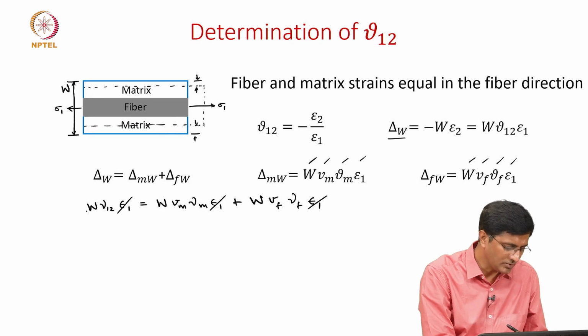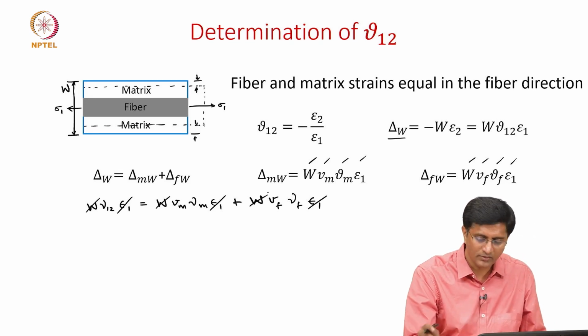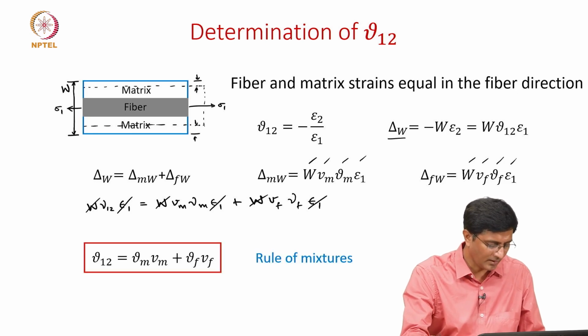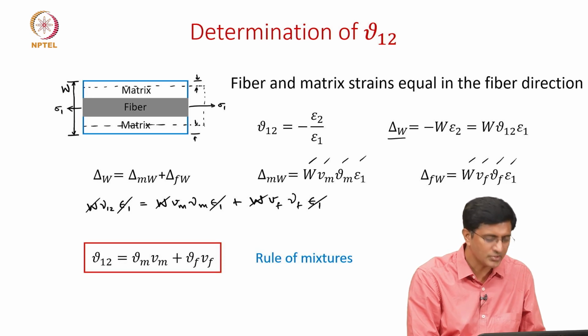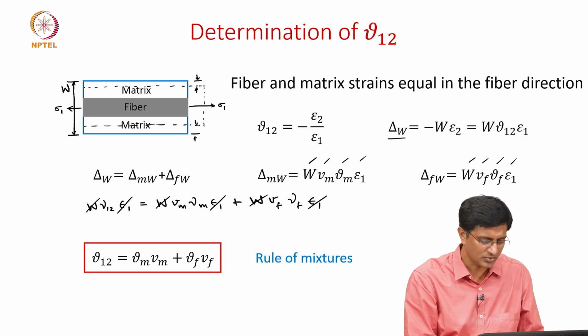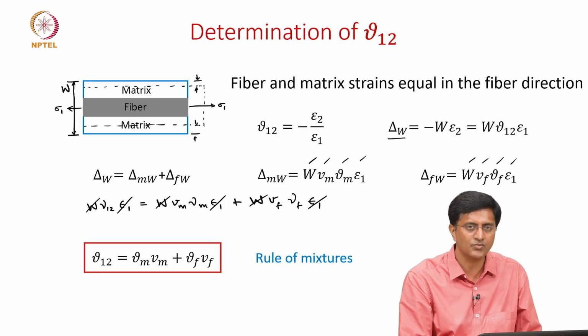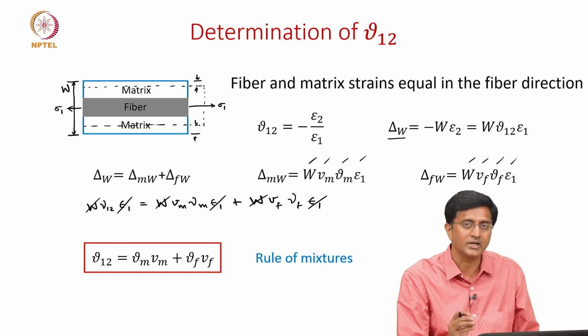Similarly, the width is also there in all terms, so we can get rid of that. After that, we can simplify this expression and write it as the Poisson ratio given in terms of Poisson ratio of the constituents and the volume fraction of the constituents. Again, we see the expression is the rule of mixtures, what we have been seeing for E1 as well.